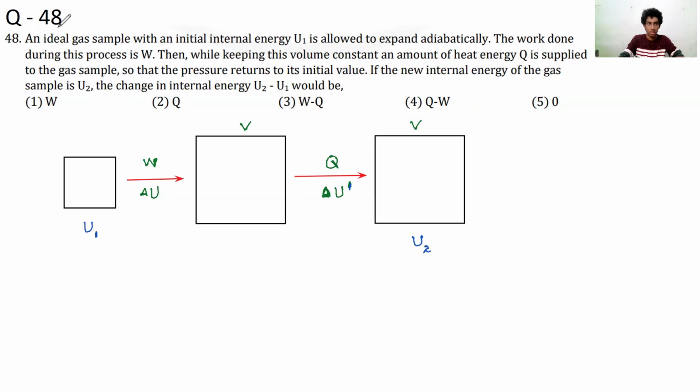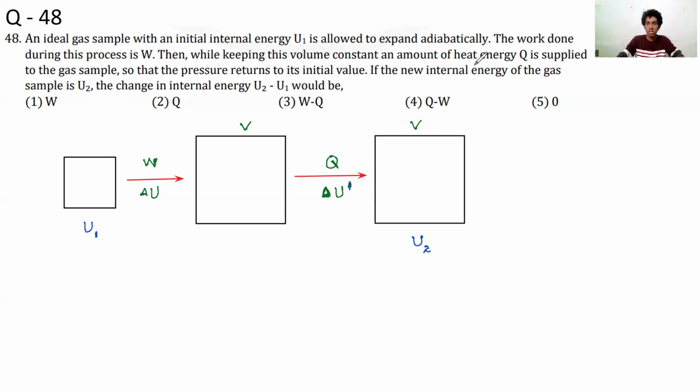Question number 48. An ideal gas sample with an initial internal energy U1 is allowed to expand adiabatically. The work done during this process is W. Then, while keeping this volume constant, an amount of heat energy Q is supplied to the gas sample so that the pressure returns to its initial value.